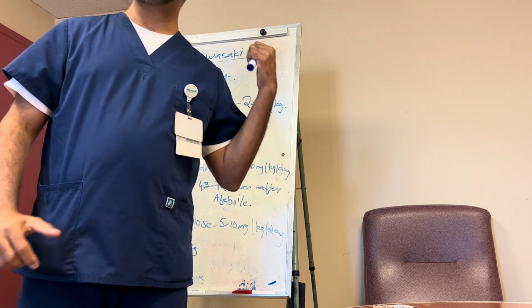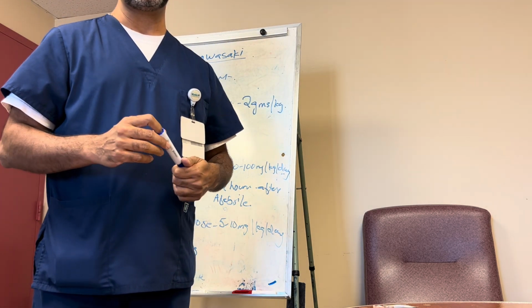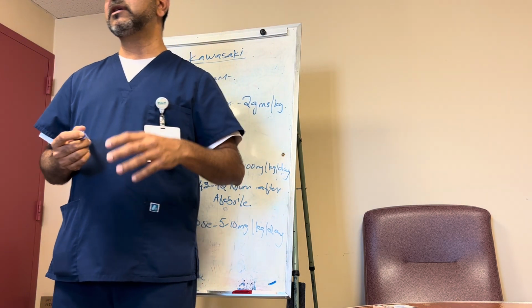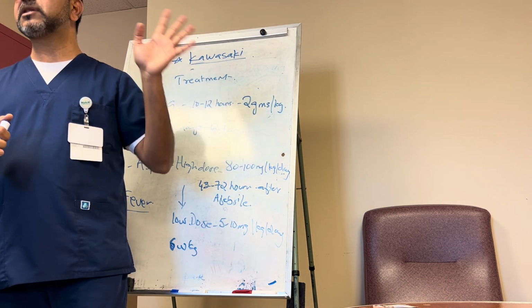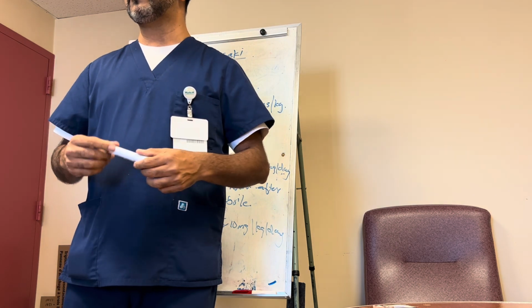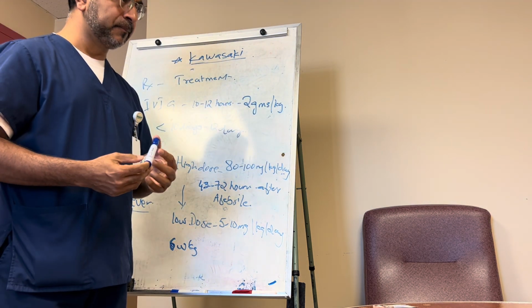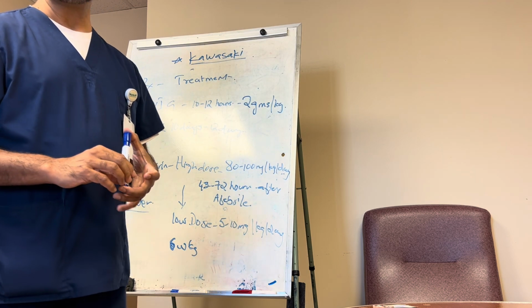Exactly. You still want to give them the benefit of protecting the coronaries. It may not be as much as when you give it initially, but this is still the only medication known to do so. So you want to give them that benefit even if they come after the 2nd week of illness. Any other questions?